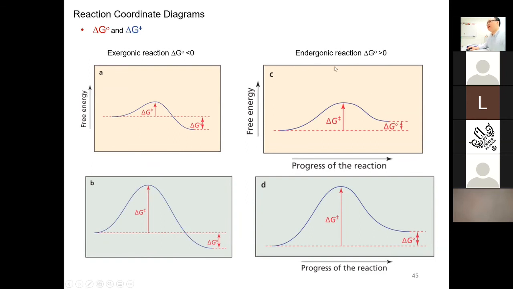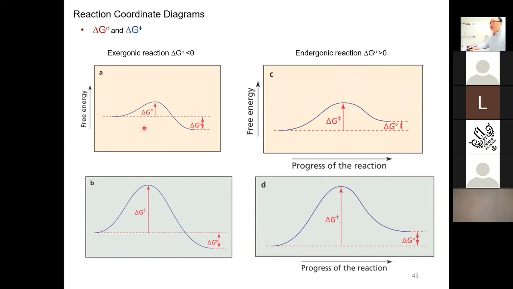And for endergonic reactions, when delta G zero is positive, it can still have a much higher or a lower free energy of activation.